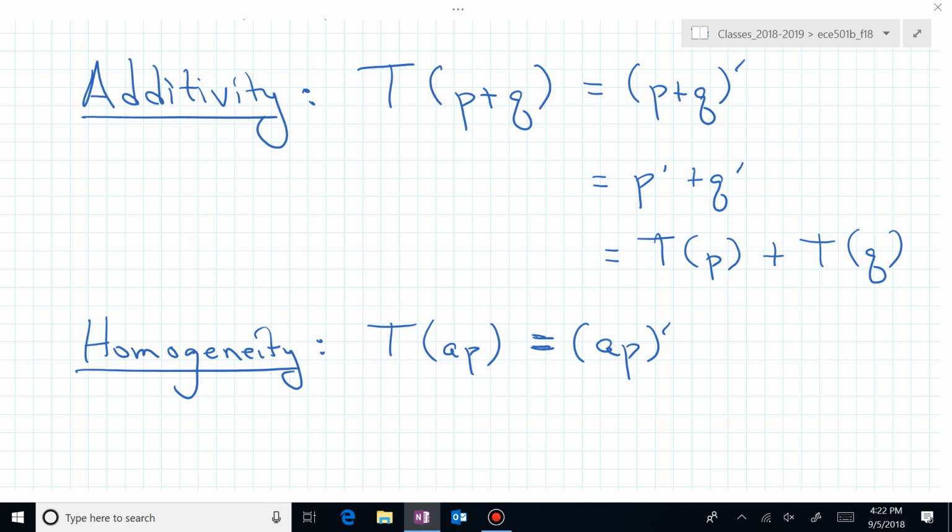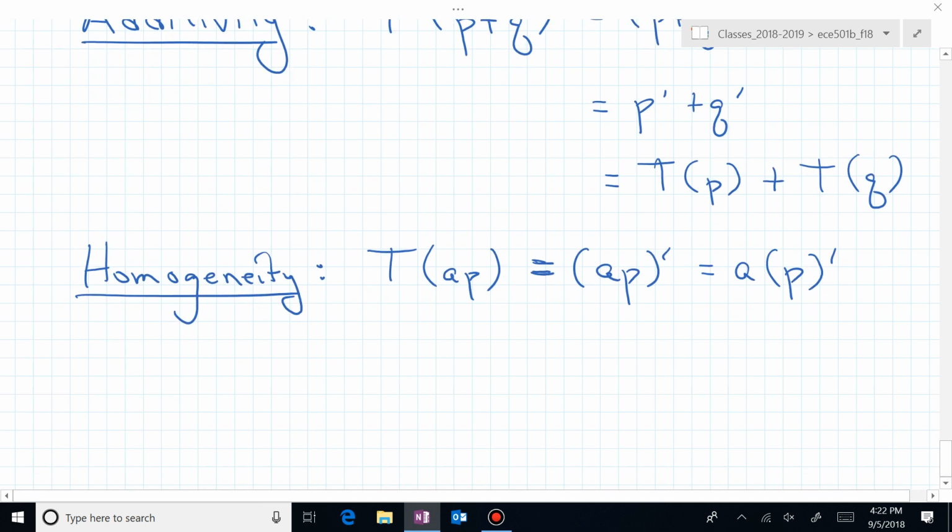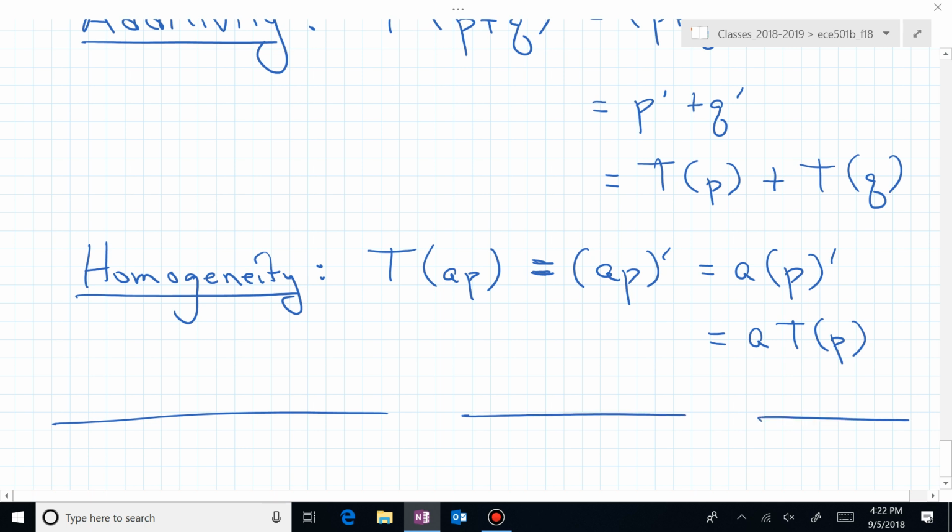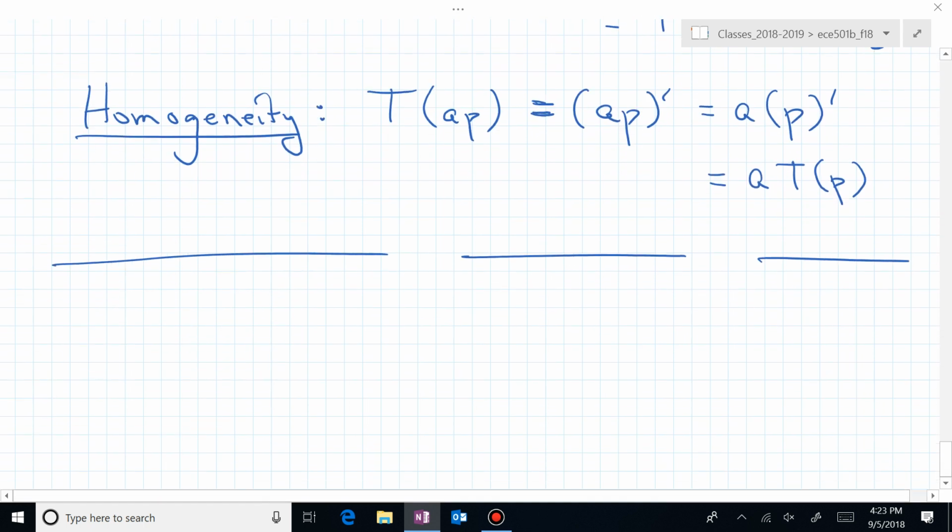So now that can be factored out from our differentiation operation. But that now says that we have a T of p, and so yes, homogeneity is satisfied. That then demonstrates that the differentiation operation relative to polynomials is linear, a linear map.